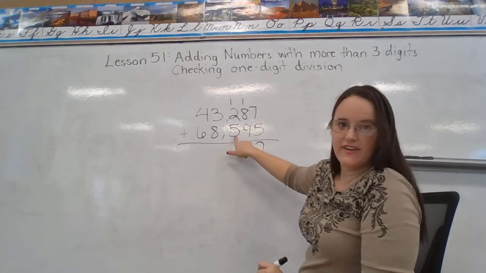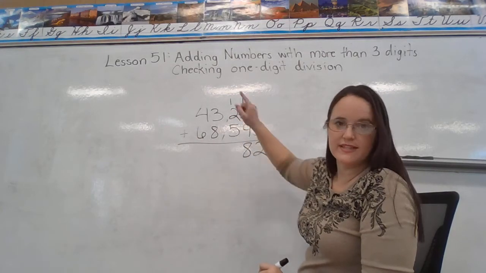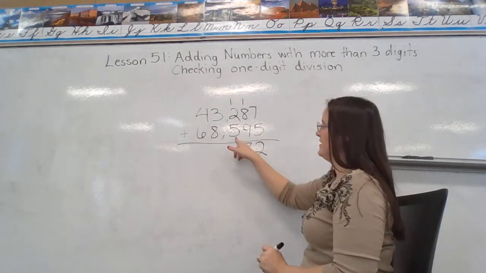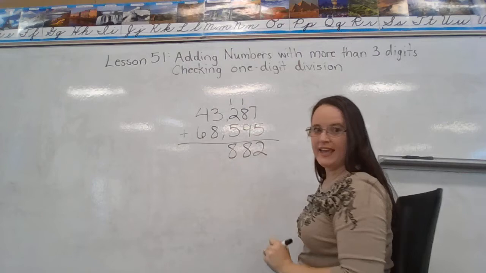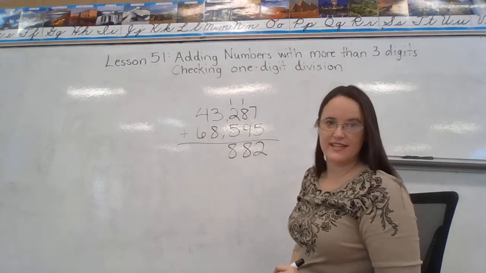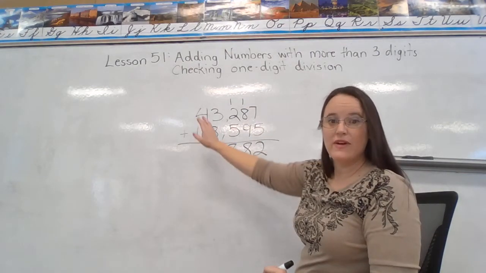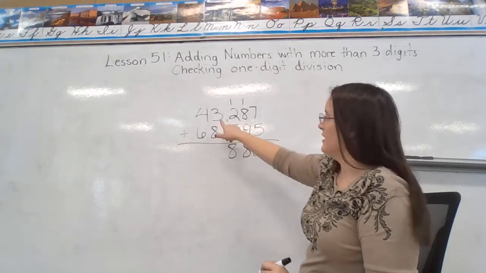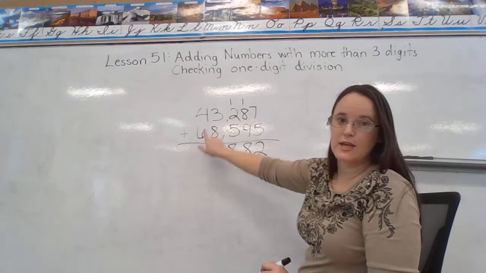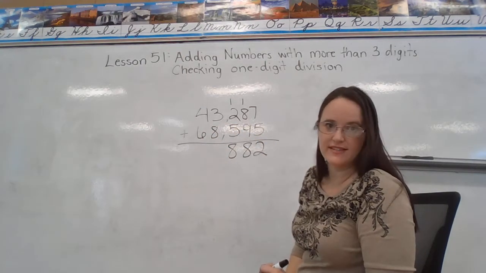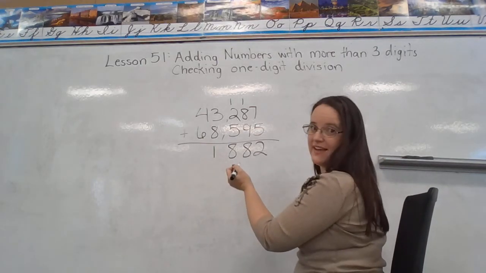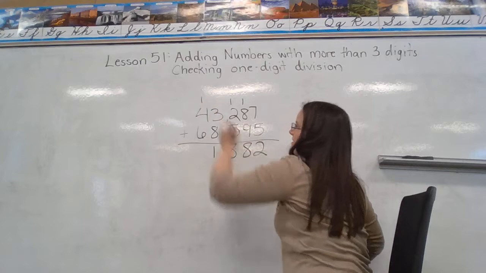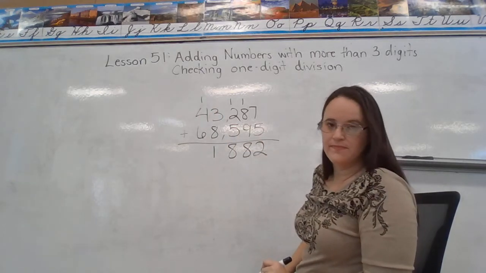Now, 500s plus 200s plus 100, 5, 6, 7, 8. 800s, and I have nothing to carry. So now I go to my thousands column. What is 3 thousands plus 8 thousands? That's going to be 11 thousands, and I have to carry a 10,000 over to that column.